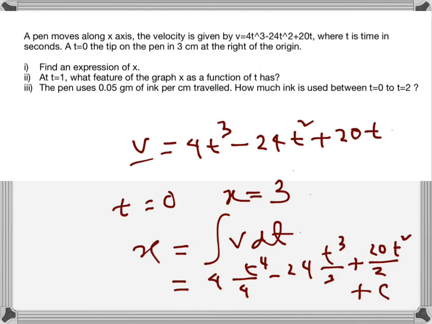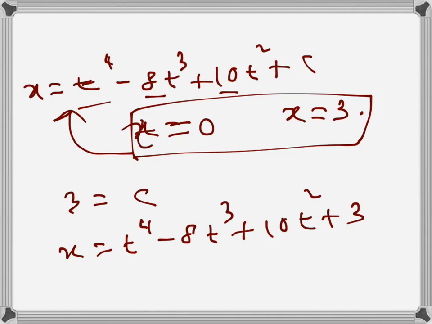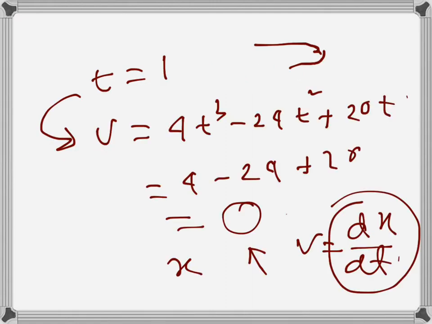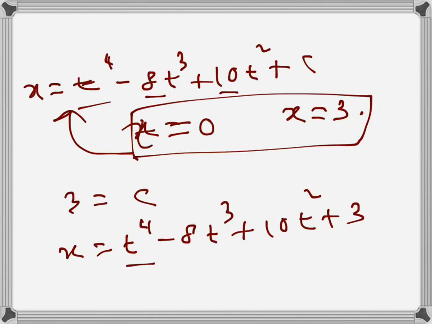Then the third one says the pen uses 0.5 gram of ink per centimeter traveled. How much ink is used between t is equal to 0 to t is equal to 2? So what we can see is at t is equal to 0, it's given x is equal to 3, that we know. So what is the value of x when t equals 1? We can plug in here in this equation.